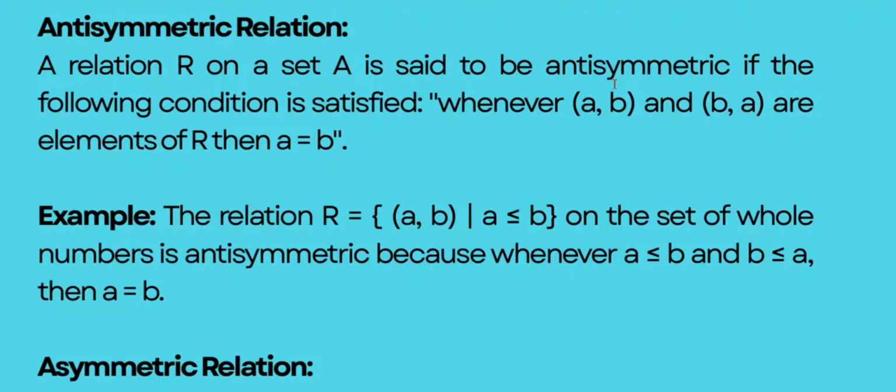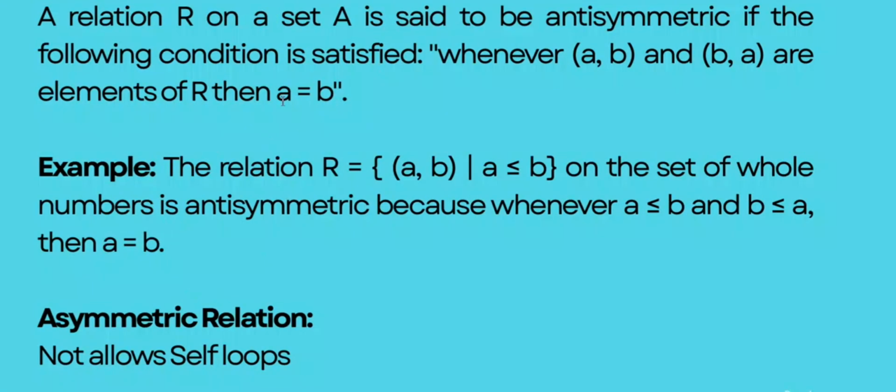See, 1, 1 is present in the relation, and again 1, 1 will not be present. So 1, 1 is the same value. It is a diagonal pair. We are representing it as a single value. So it can be accepted in anti-symmetric relation.